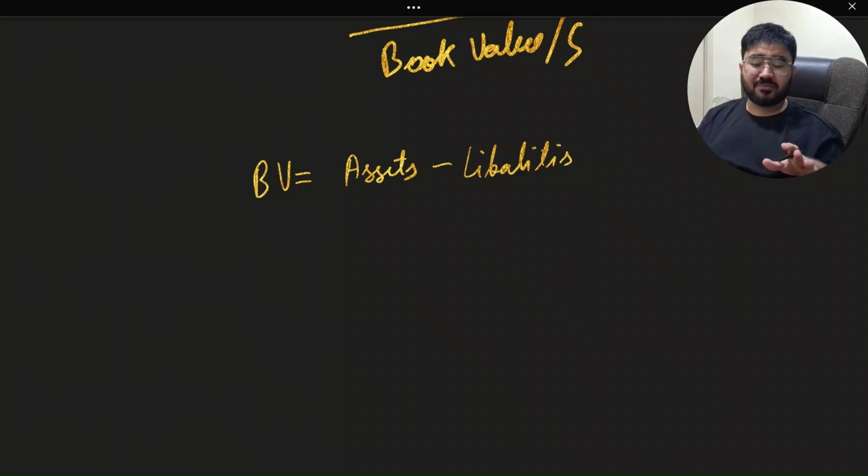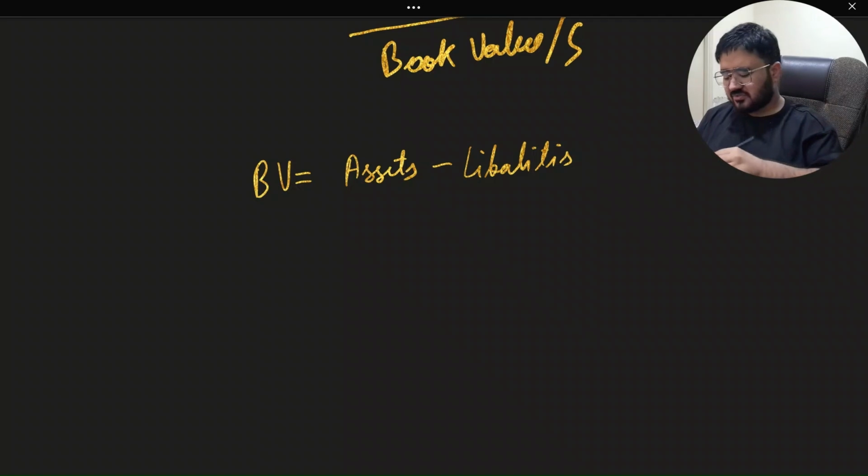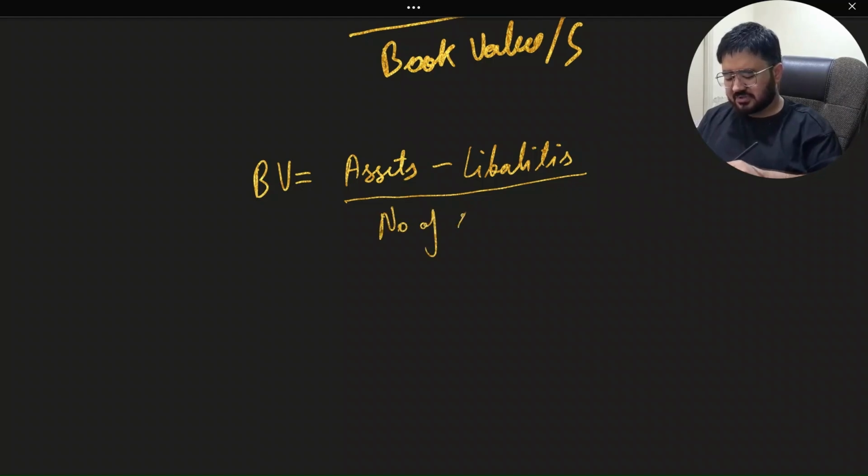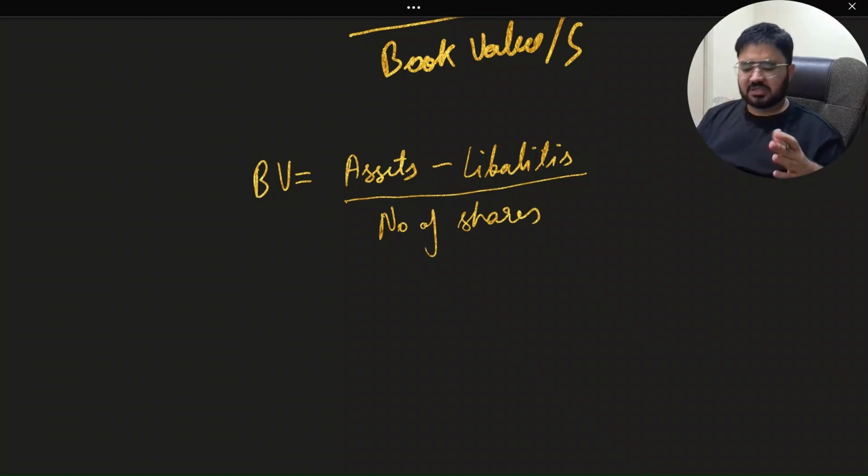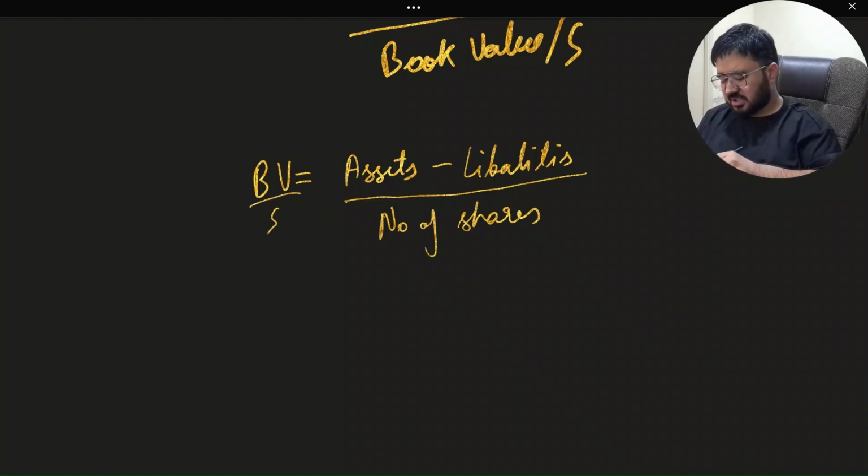This is the book value. And you need it per share, so we need book value per share. You need to divide this value by the number of shares. This is book value per share.